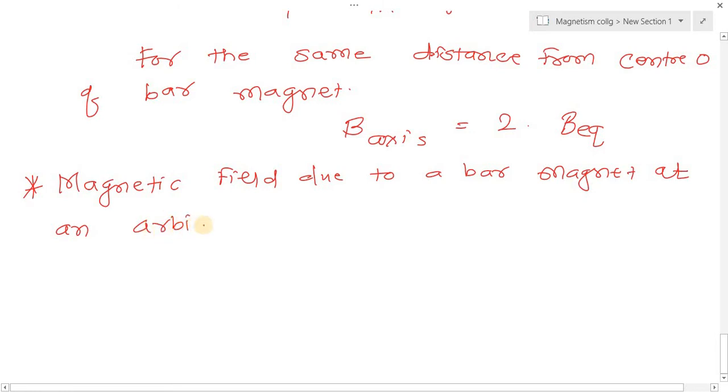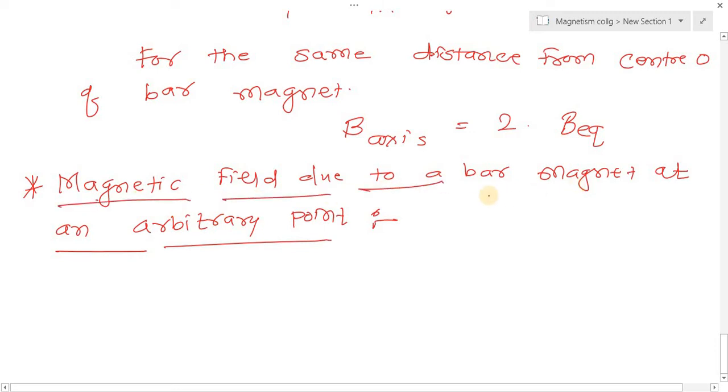So see, if the point is not at the axis or equator, if the point is anywhere, then what is the magnetic field there? Arbitrary means any position. So if the point is anywhere, then what is the magnetic field? Let's see here.